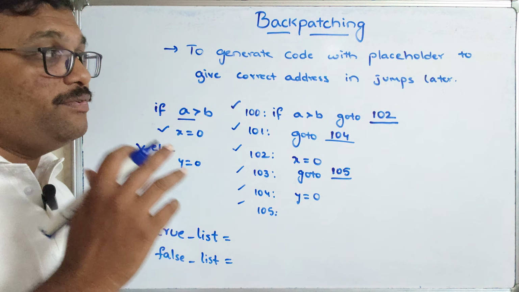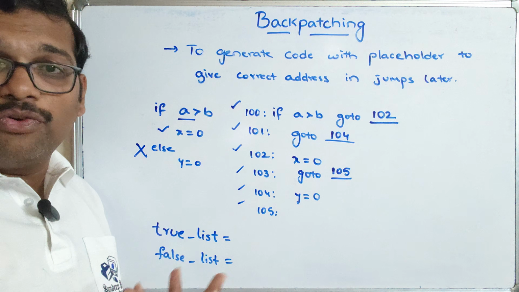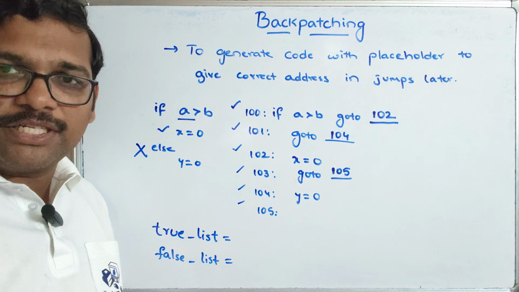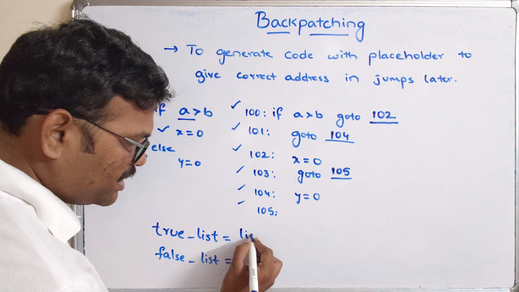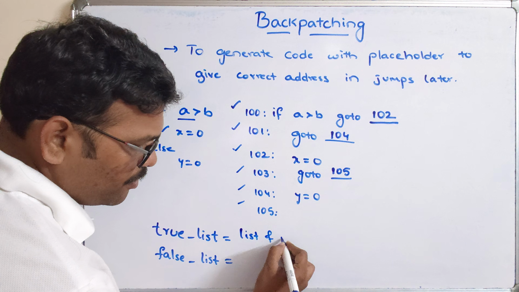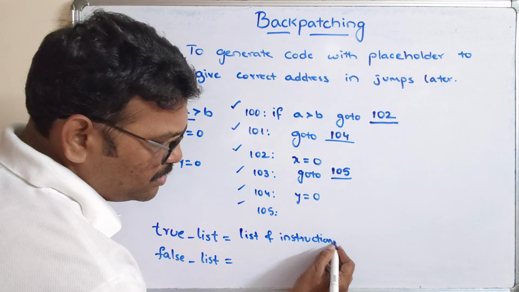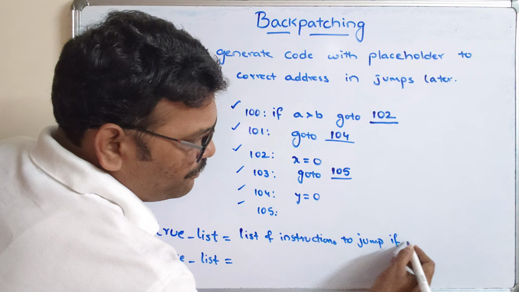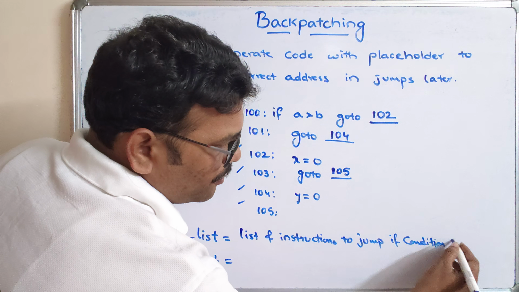See, this backpatching will also be suitable for short circuit evaluation, that means complex expressions. So the true list will be maintaining all the list of instructions to jump if the condition is true.